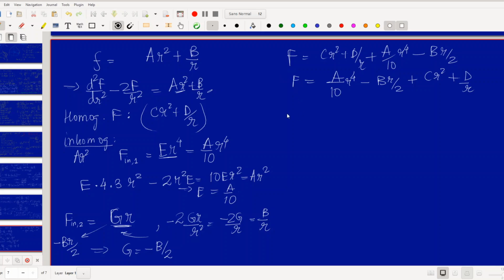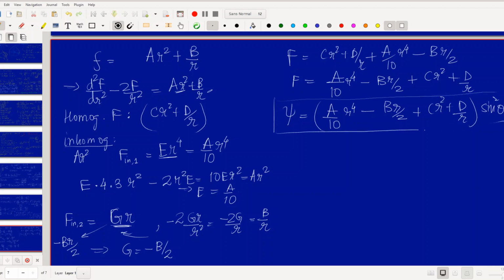The solution for psi is thus a upon 10 r to the power 4 minus b r by 2 plus c r square plus d upon r, times sine square theta. So this is the final expression for the general solution of psi for the case of a particle moving with a uniform velocity. Now the only task that remains is to find out the values of A, B, C, D with the appropriate boundary conditions.